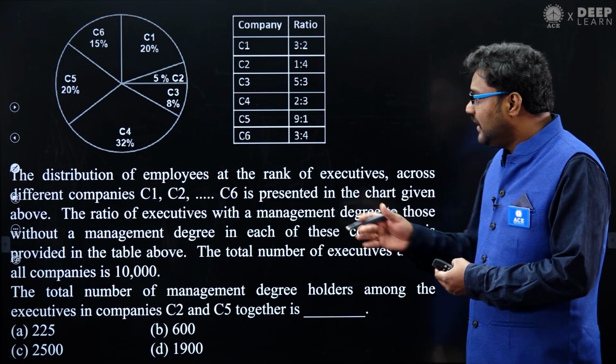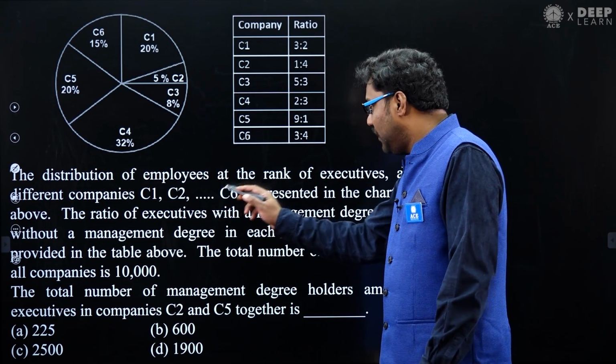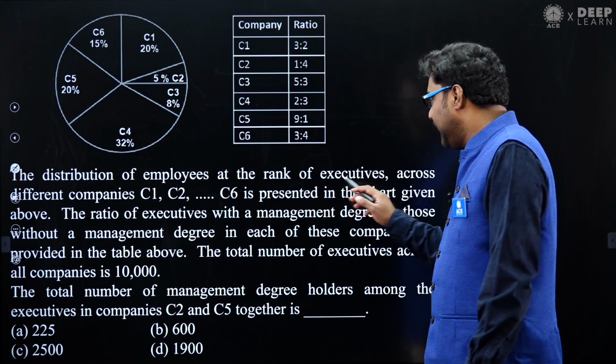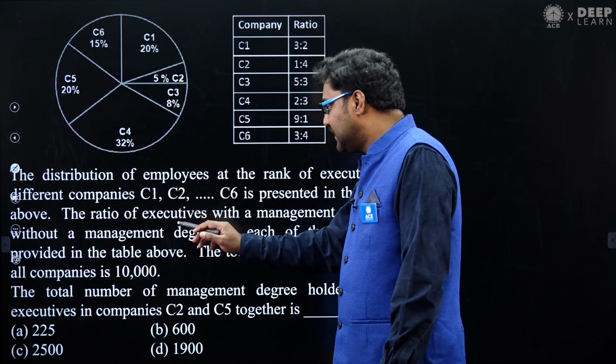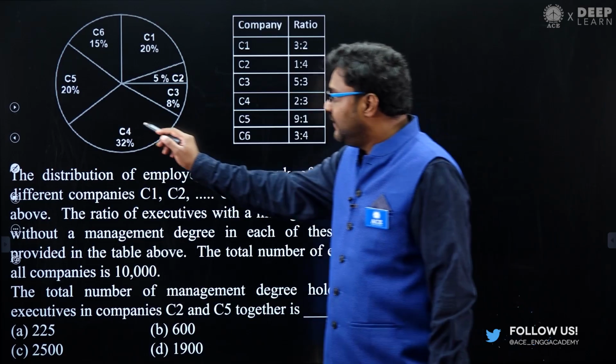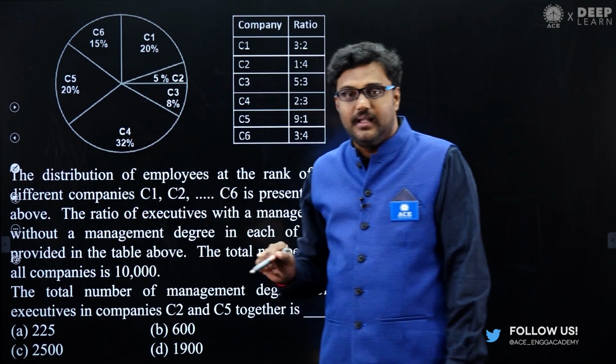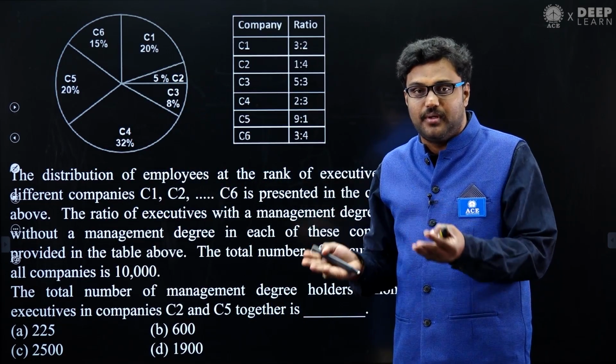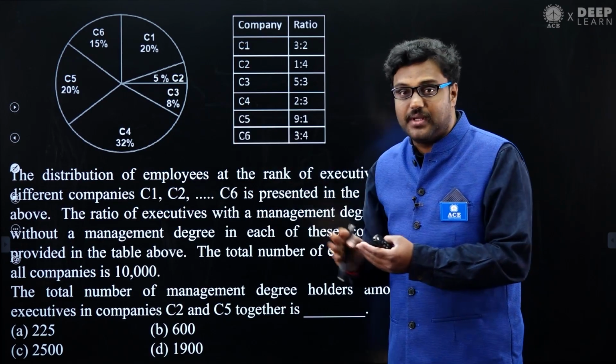If you see, it is the distribution of employees at the rank of executives across different companies. Six different companies are there, C1, C2, C3, C4, C5, C6. How many employees are distributed in each company is given in the pie chart.